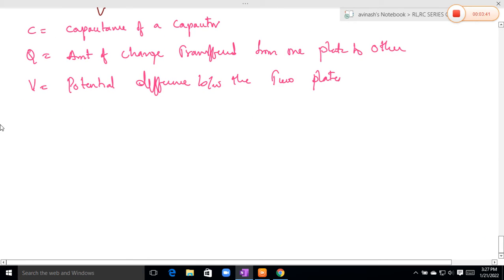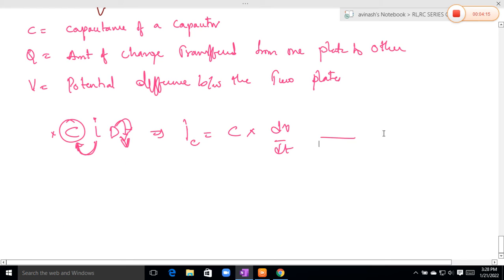That implies, as I already said, the current through the capacitor is nothing but C dV by dt. How to find this value? For the current through the capacitor, differentiate the voltage with respect to time and multiply by the value of capacitance. Current through the capacitor is equal to C times the derivative of the voltage with respect to time. Okay.